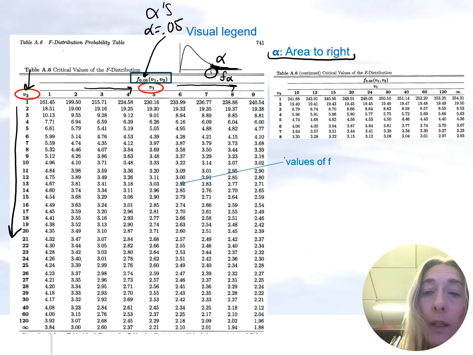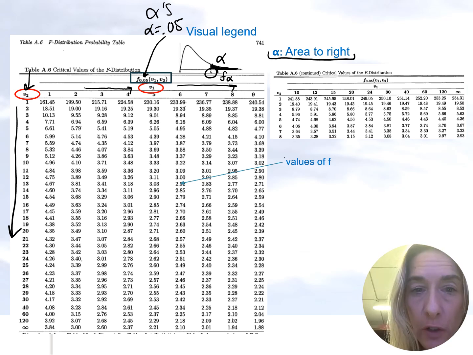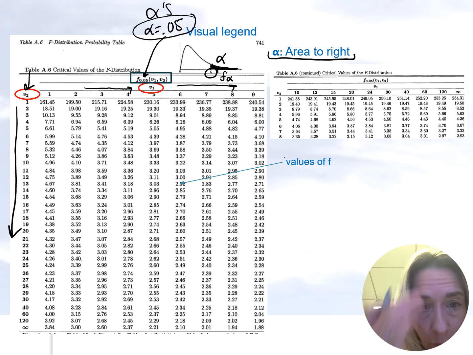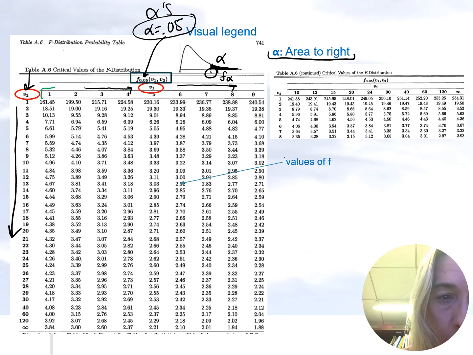Now in the back of your book, there are actually 2 pages associated with alpha of 0.05. The first page has nu1 values that range from 1 up to 9.